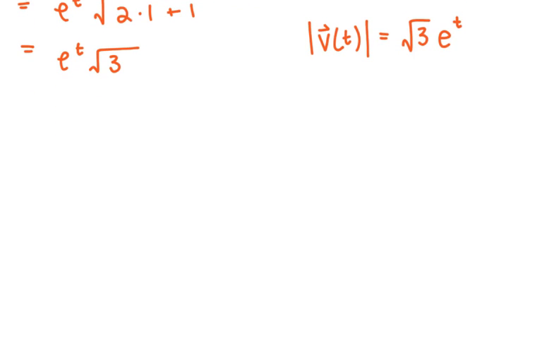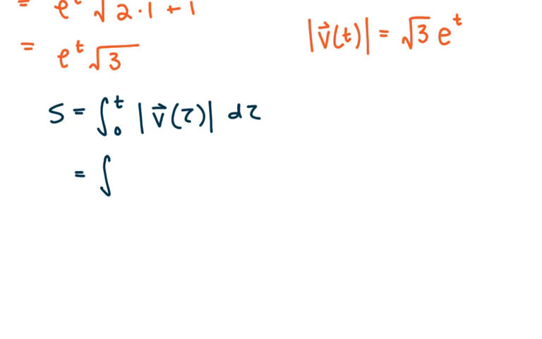So what we know is that s is the integral from 0 to t of the magnitude of v of tau, integrated with respect to tau in this case. I have the integral from 0 to t of root 3 e to the tau d tau.